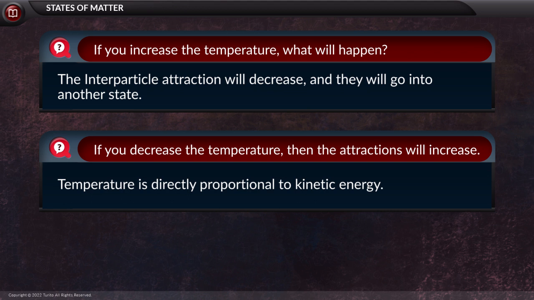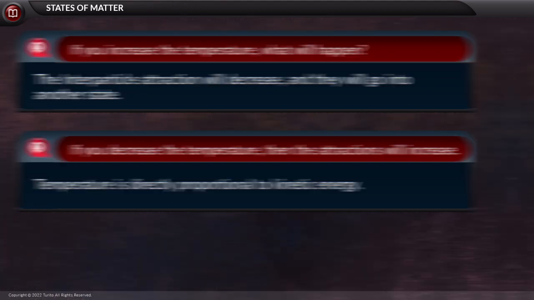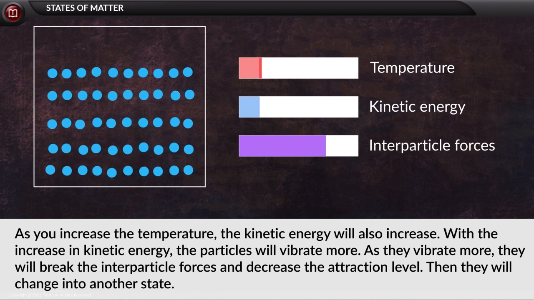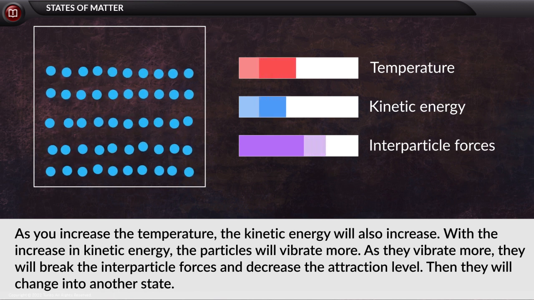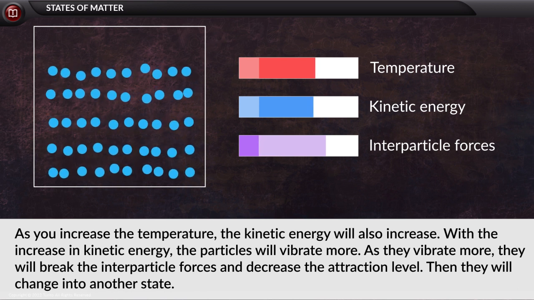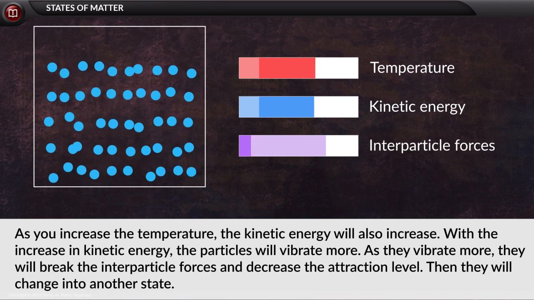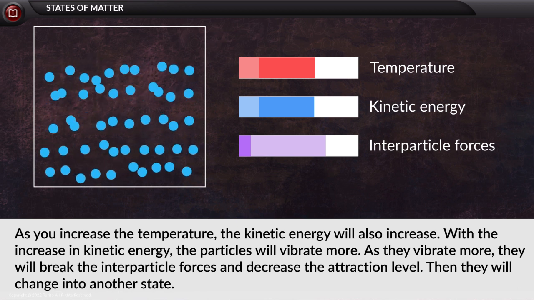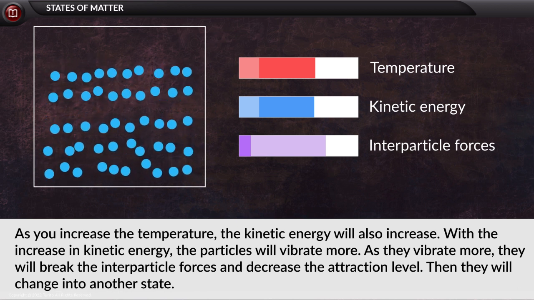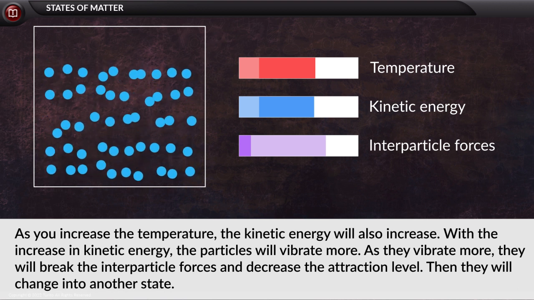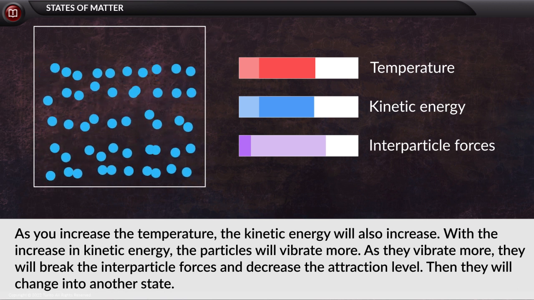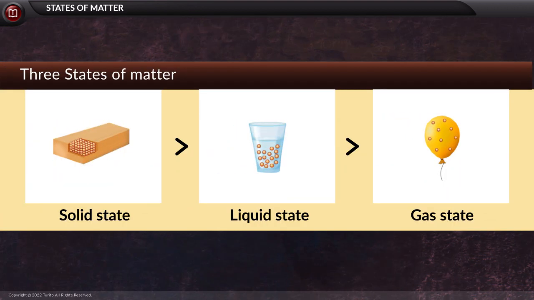Because temperature is directly proportional to kinetic energy. As you increase the temperature, the kinetic energy will also increase. With the increase in kinetic energy, the particles will vibrate more. As they vibrate more, they will break the interparticle forces and decrease the attraction level. Then they will change into another state. When I am talking about the three main states of matter, the strongest forces are seen in solid. Next is liquid, then gas.